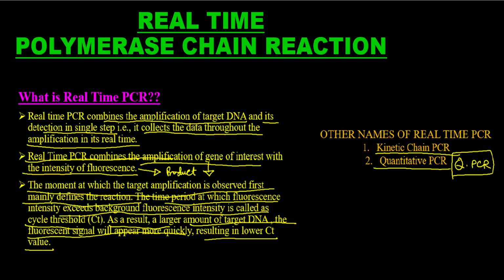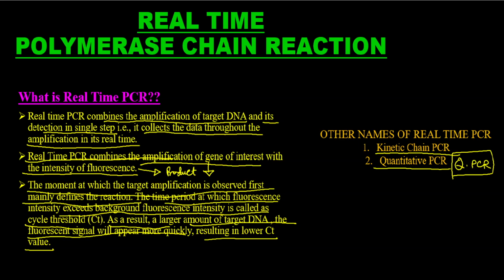Real-time PCR combines the amplification of the gene of interest with the intensity of the fluorescence. So the moment at which the target amplification is first observed mainly defines the reaction. The point at which fluorescence intensity exceeds the background fluorescence intensity is called the cycle threshold.